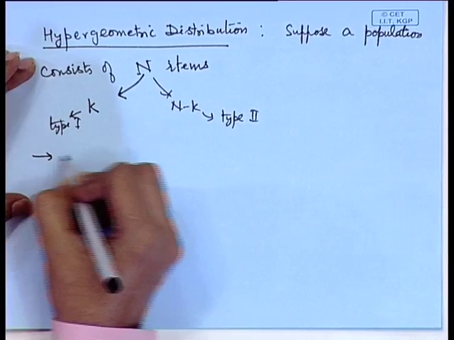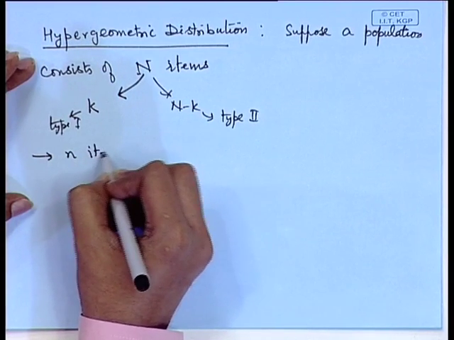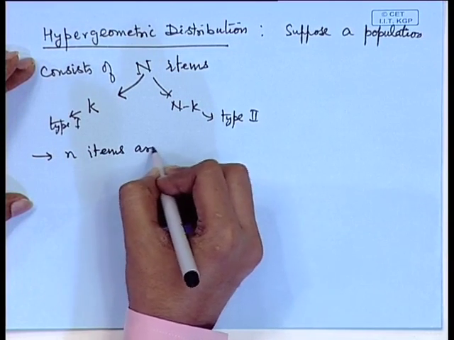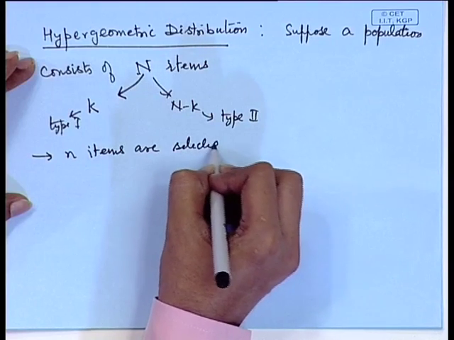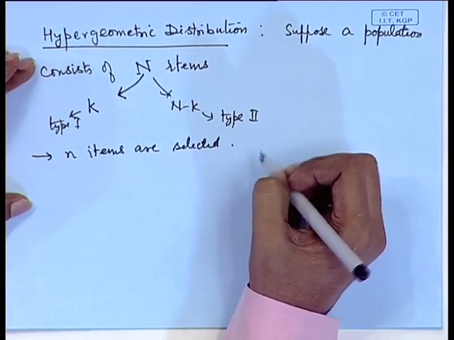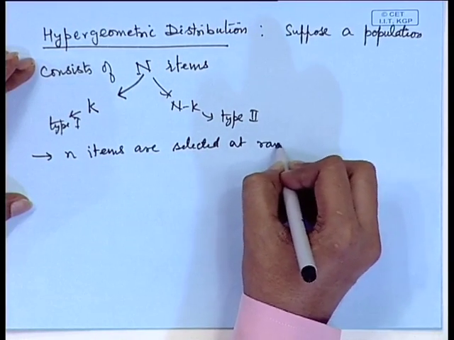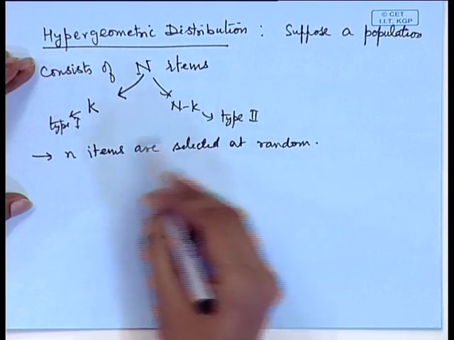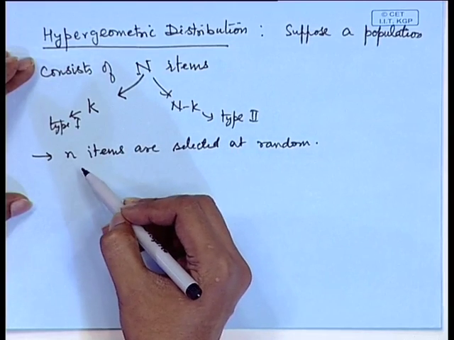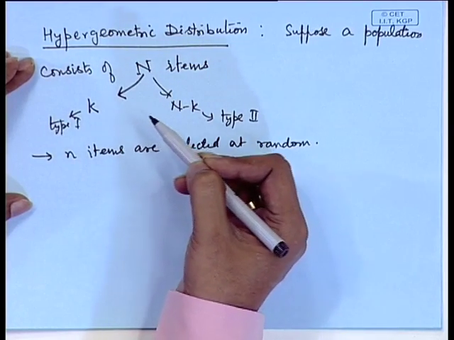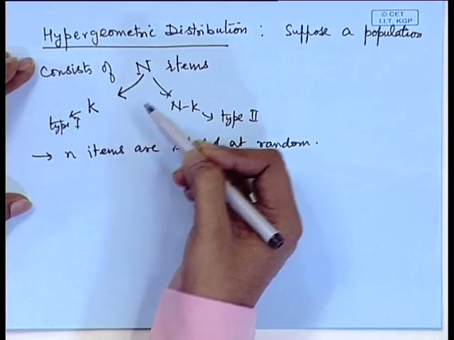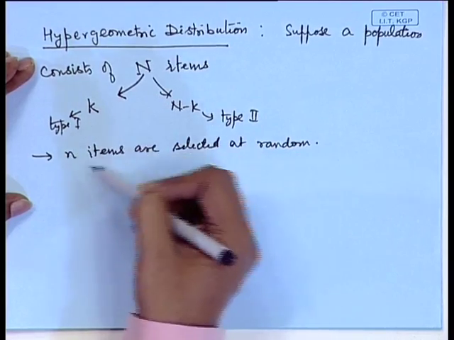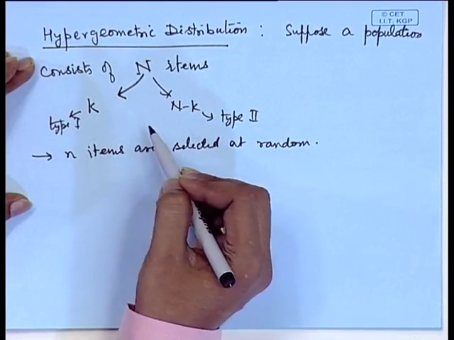Now, out of this, n items are selected at random. So, here the Bernoulli model will be applicable if we select one item, keep it back, that is with replacement, then select another one, then the probability of success or failure in each trial will be the same.